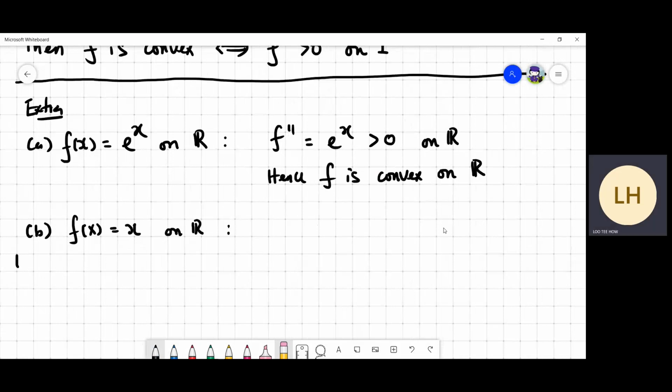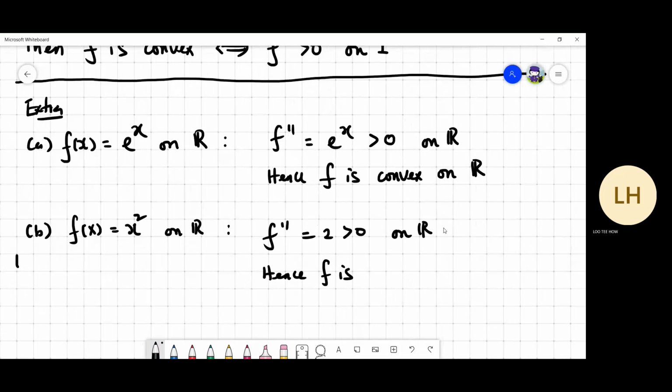Maybe x squared, better, easy. So f double prime will be 2, so it is greater than 0 on R. So hence it must be a convex function.